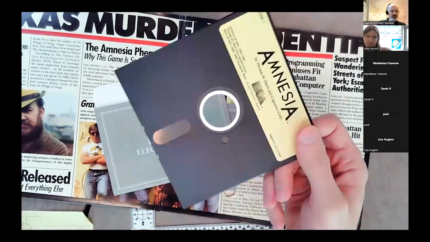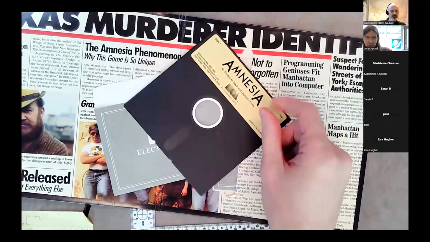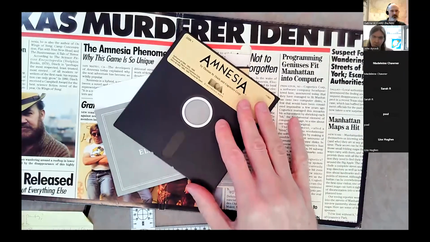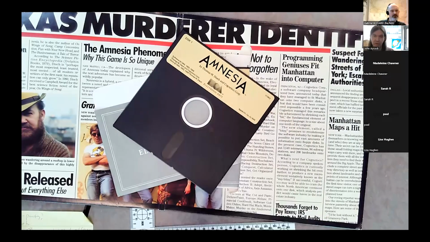But now if we take this magnetic floppy disk, which contains the actual code and data that the computer runs to make the game, and look at it with special equipment, we can actually see the patterns of magnetic fluctuation on this disk made visible.